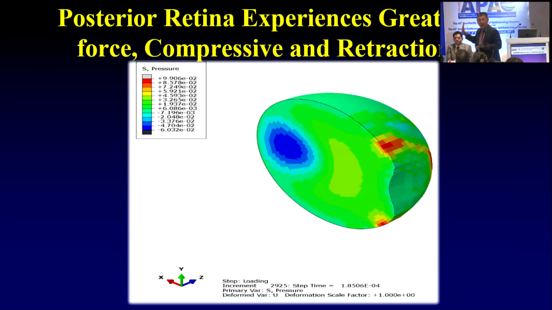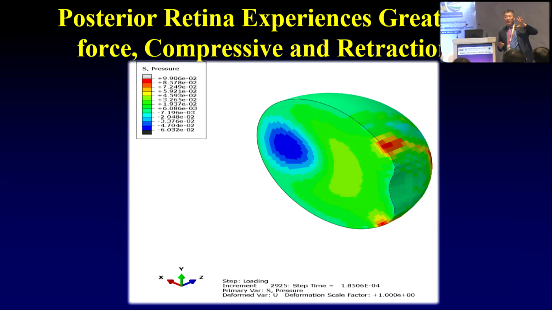So there's a vibration. If you look very carefully, I'm going to show you that the force is very positive initially, and then as it bounces back, it creates a vacuum. It's almost like a pulling force, an attractional force. Probably that's what's resulting in retinal schisis. Another thing is that, as you can see, most of the force is concentrated right at the optic nerve or the macular area.